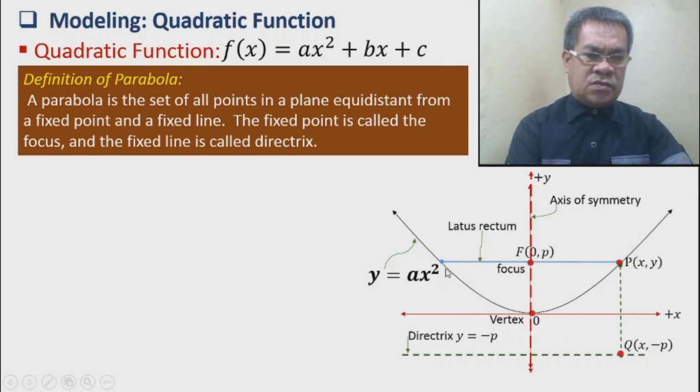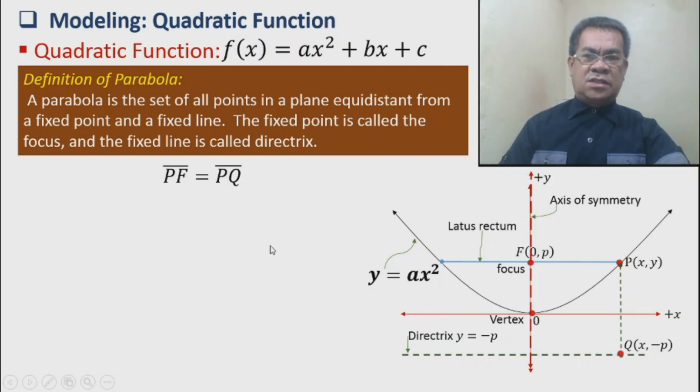The question now is, how did y = ax² arise? How do we obtain this? In that case, we will use the definition of equidistance. Take note that PF is equivalent to PQ, so this line must be the same. If you connect this point from the focal point, it should be equidistant.